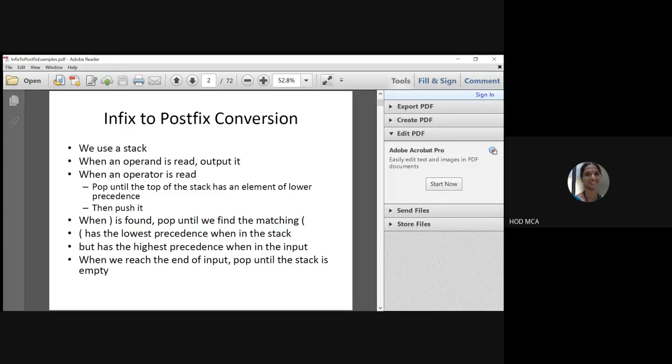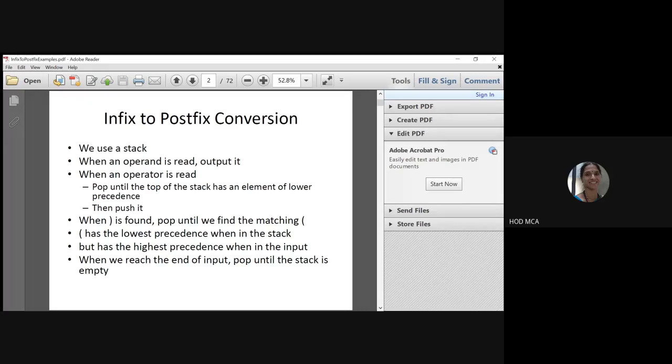All of you by now should know what is infix and what is postfix. Any general expression we call an infix expression. When the operator comes after the operands, you call it a postfix expression. We use a stack in order to do the infix to postfix conversion.